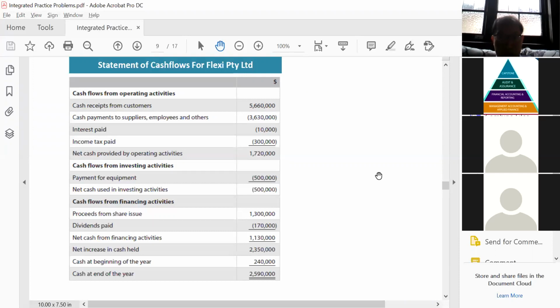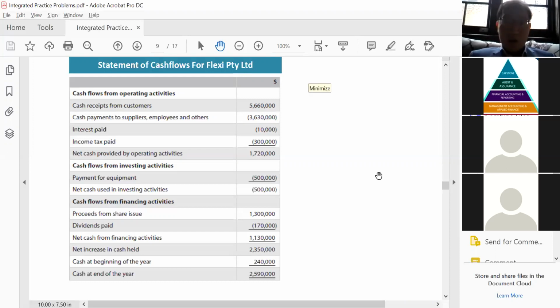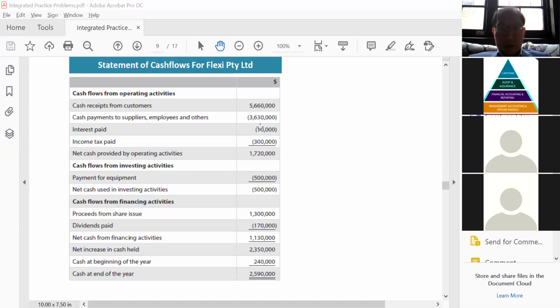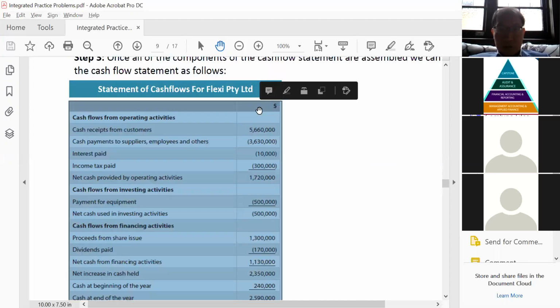Yeah, so there has been a question, which is: how do we know where the different information is? What I would say to this is that with the CA, the information is going to be provided to you.